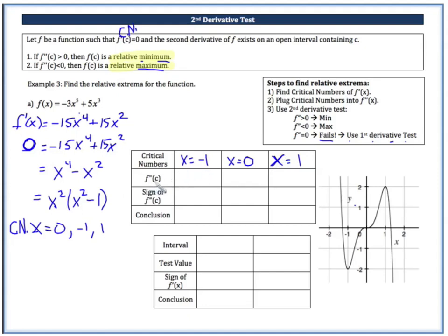So we want to actually plug these in to our f double prime. So here we want f double prime of negative 1. And so what we need to do is find that second derivative. So f double prime is going to equal negative 60 x to the third plus 30x.